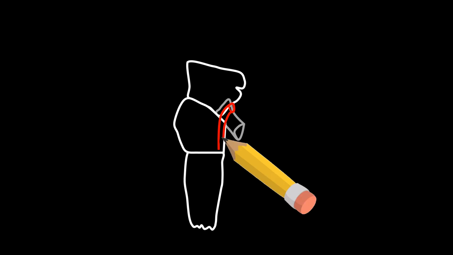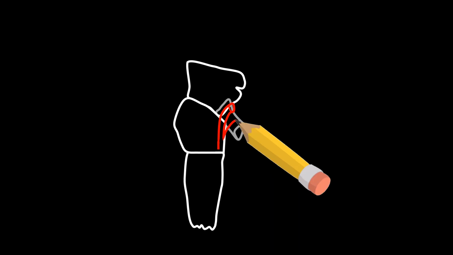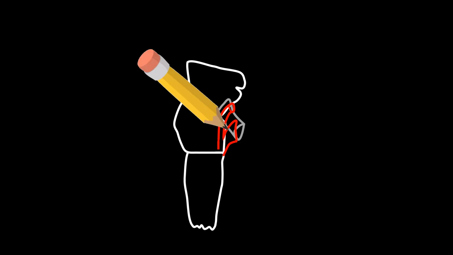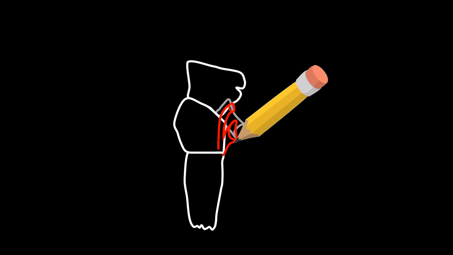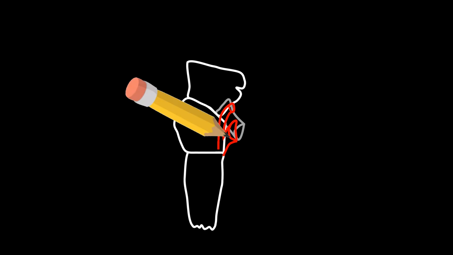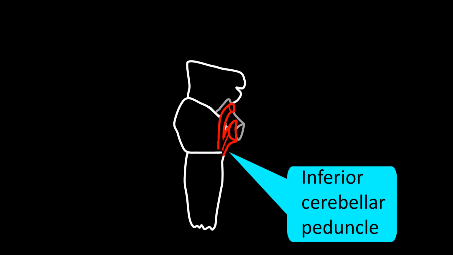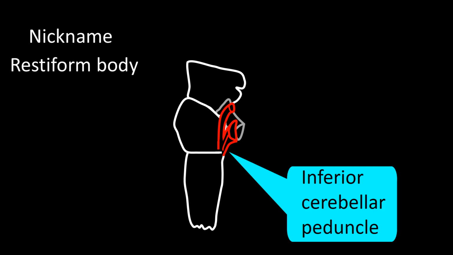Now go down to the end of the line and make another line going up, bring it down, and then slant it towards the edge of the medulla. Again, we put a curved line at the end to make it as if it had been cut. Then we go to the middle of the line we just made and run a line down, as you can see. Then blacken the inside of the newly created structure, as I have just done. This is the inferior cerebellar peduncle, nicknamed the restiform body.